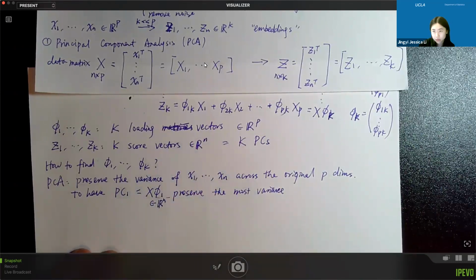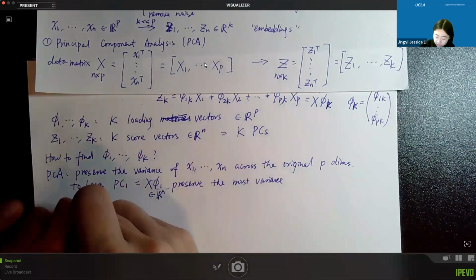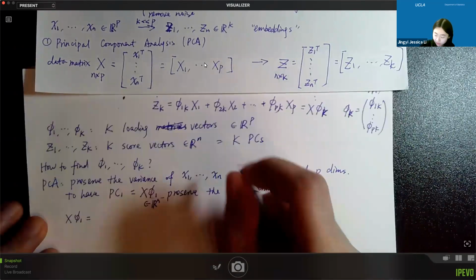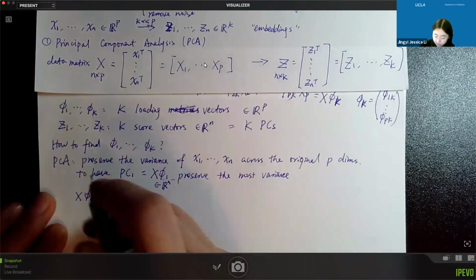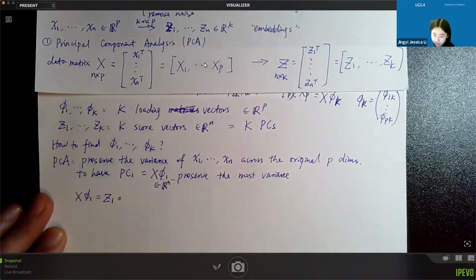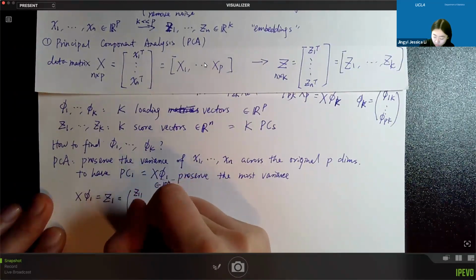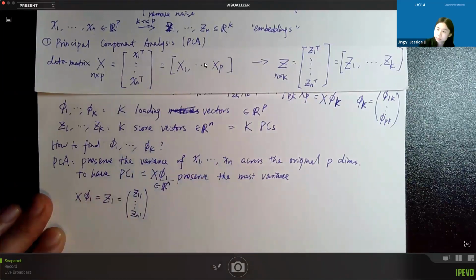So what do we mean by preserving the most variance? If we write it out, X phi 1 is, by our notation, z1. And just for convenience, let me write it out as z11 to zn1, in the scalar form.